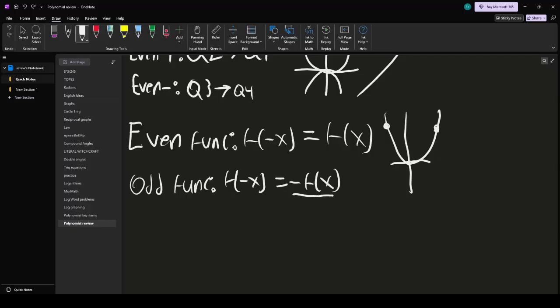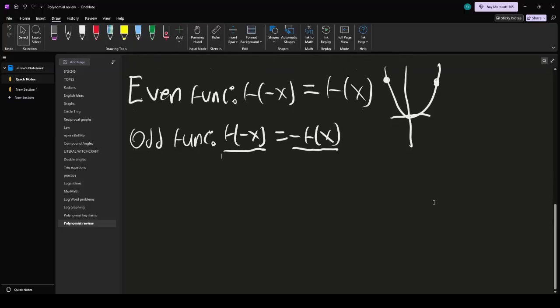So this is a reflection along the x-axis, while if you make all the x values negative, you're flipping it along the y-axis, right? This holds true because in either case, the function would look the same.